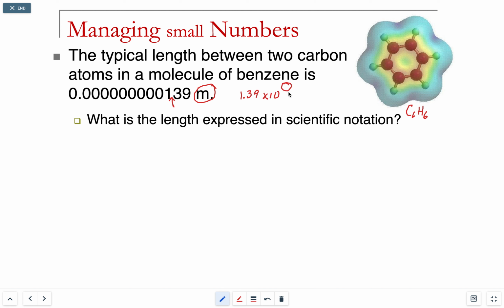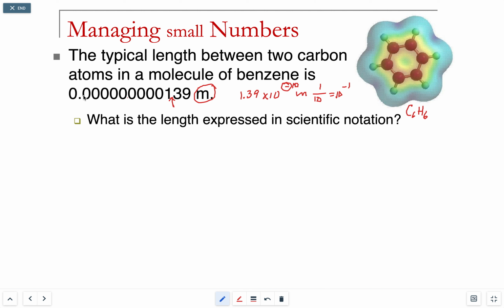So if I move to the right, each time I'm making the number larger by 10, I need to make the number smaller by 10 by dividing by 10. So remember, every time you divide by 10, that's equal to 10 to the minus 1. So let's count them. We have 1, 2, 3, 4, 5, 6, 7, 8, 9, 10. So this becomes times 10 to the minus 10th meters.